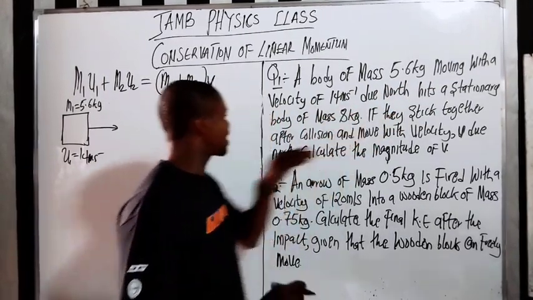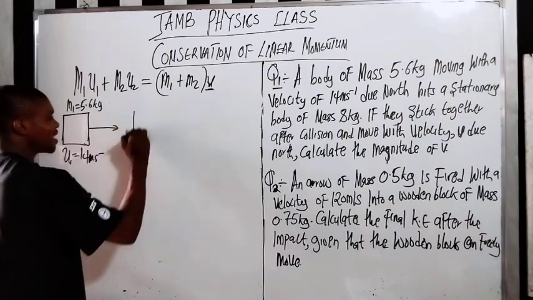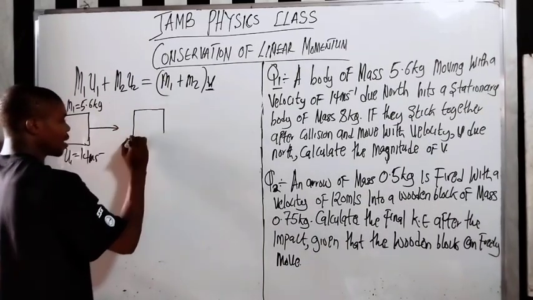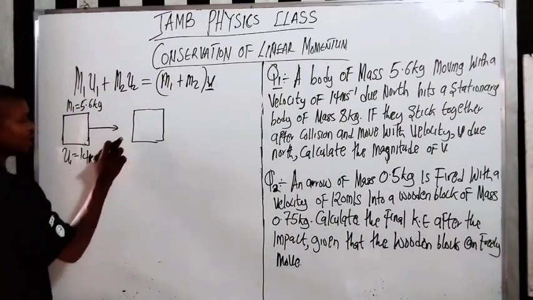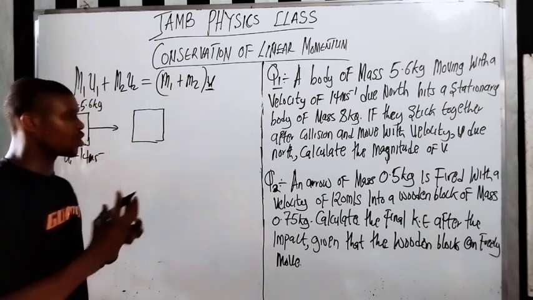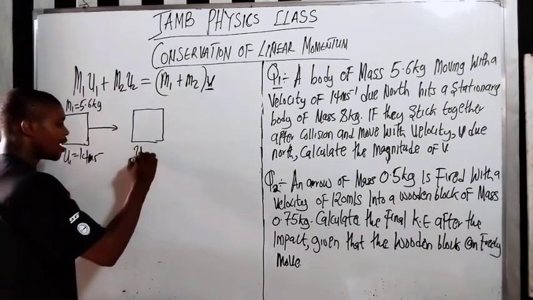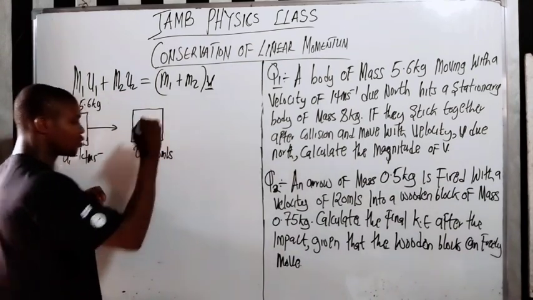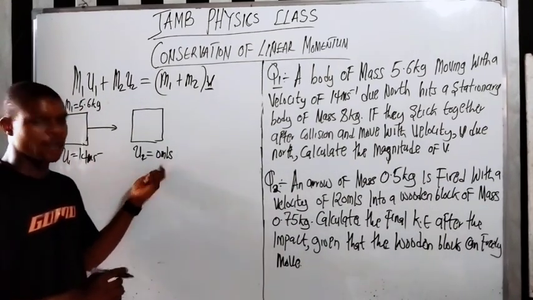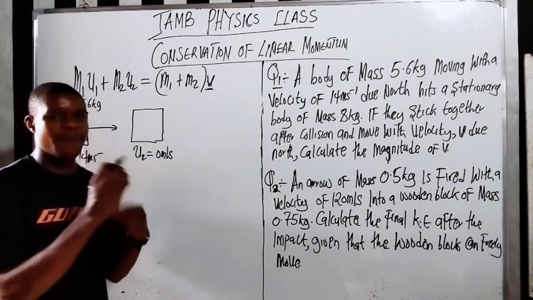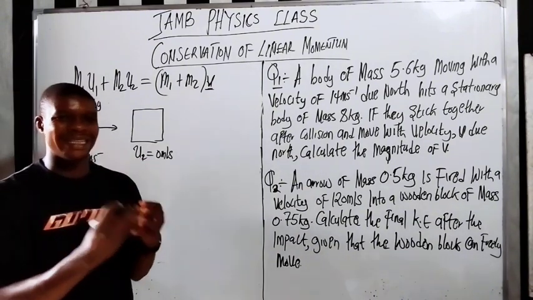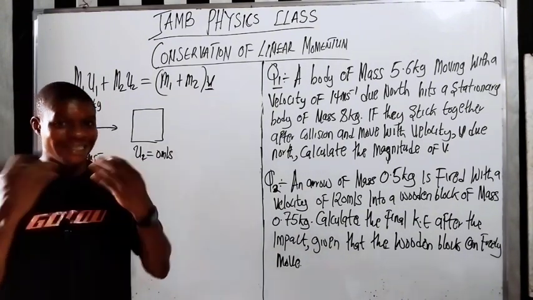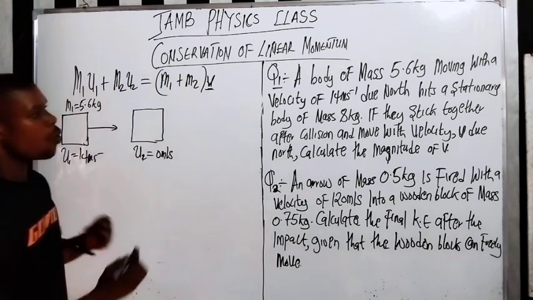Now, there is a stationary body. A body that was stationary was here. Because it was stationary, the initial velocity is going to be 0 meters per second. Remember, whenever a body is stationary, its velocity is 0, so it's not moving. Now what is the mass?